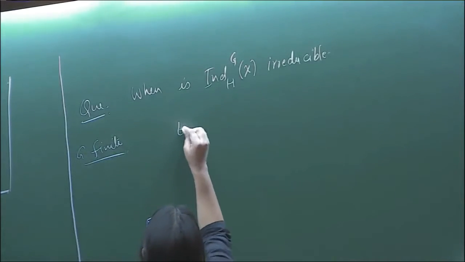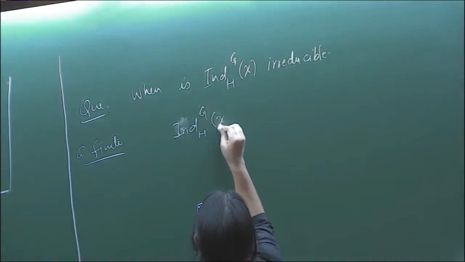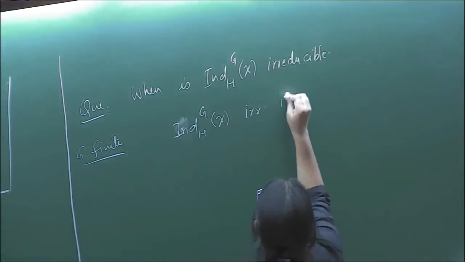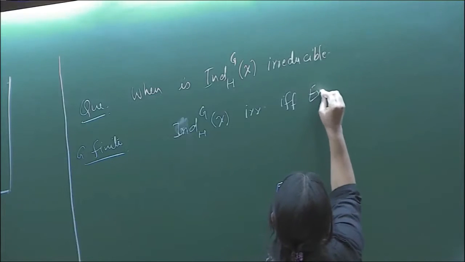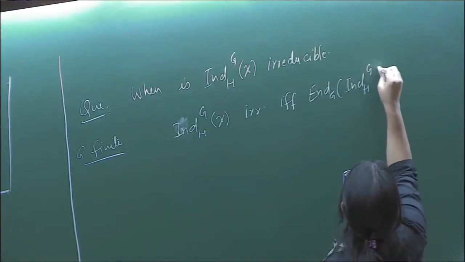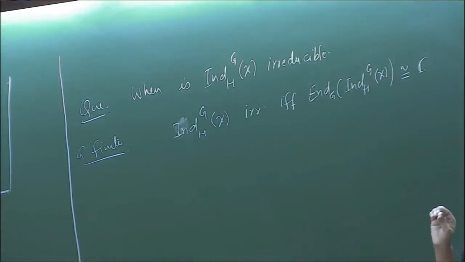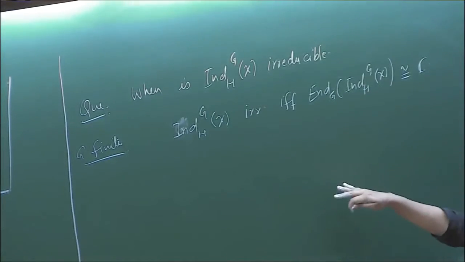in that case, this is irreducible if and only if this is true. I'm looking at only complex representations. If I know that the intertwiner is 1, then I know the representation is irreducible, and this is if and only if.